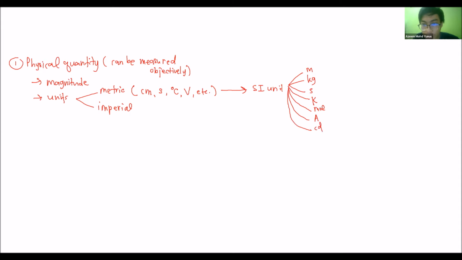So how many? 1, 2, 3, 4, 5, 6, 7. So we have 7 base quantities and 7 base SI units.